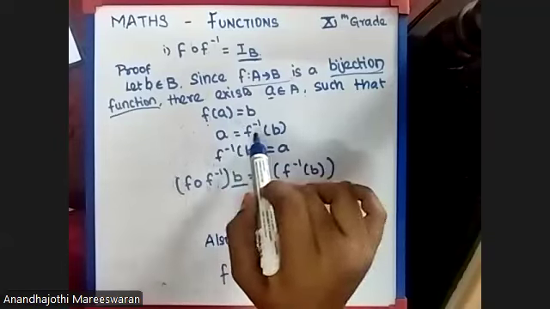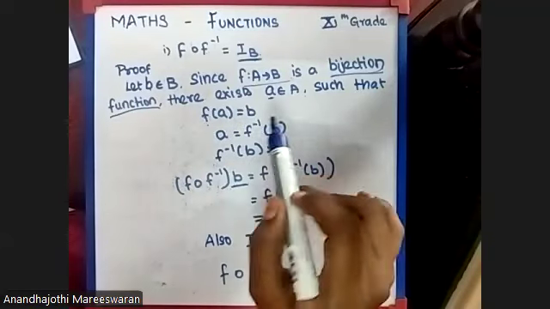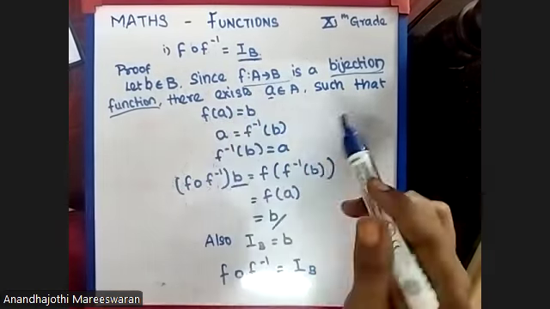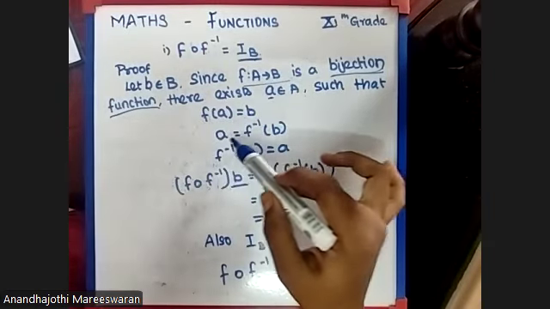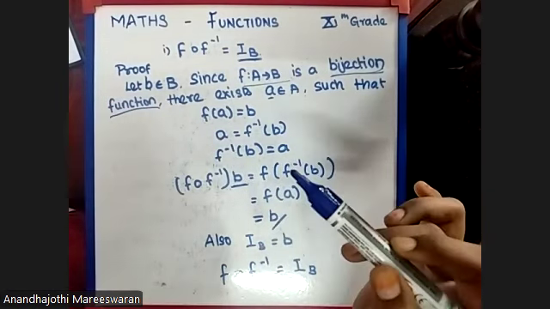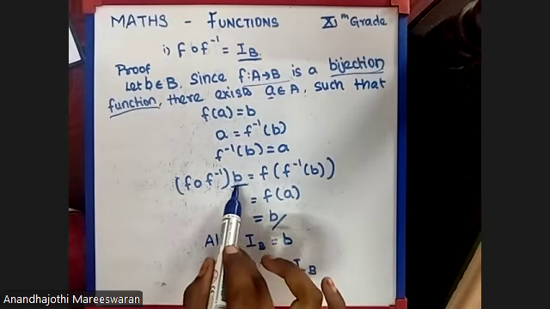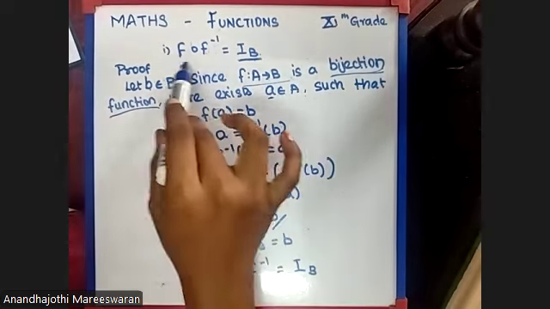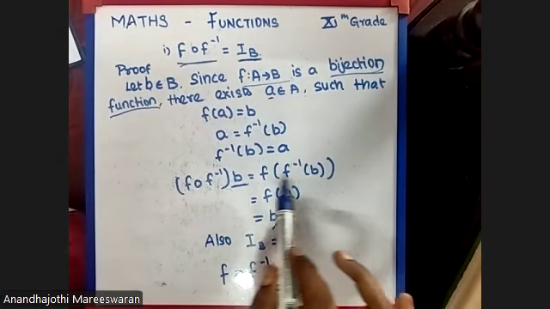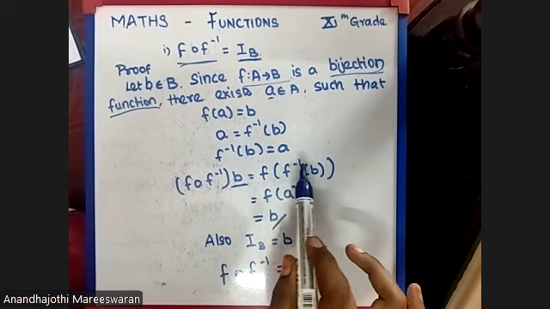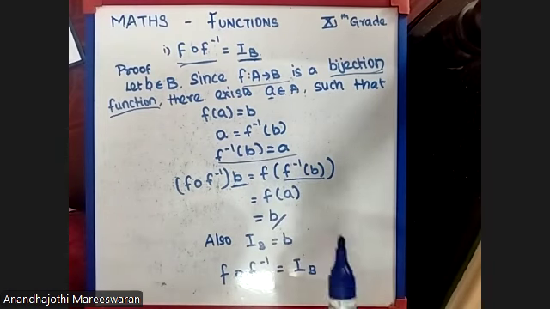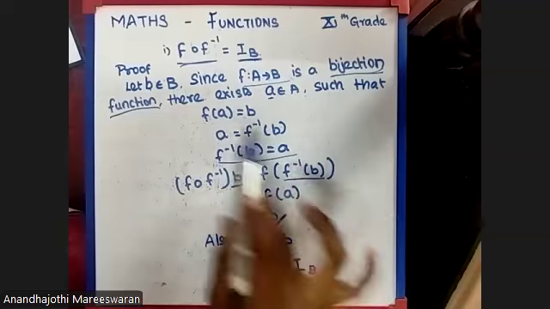So I inverse it. You can simply remember: I take this f here and inverse it, so a equals f inverse of b, and I rewrite it in this form. Right? And I substitute the element b in this: f circle f inverse of b. So I expand it: f of f inverse of b. What do we have? f inverse of b equals a. I substituted it. And f of a equals b.